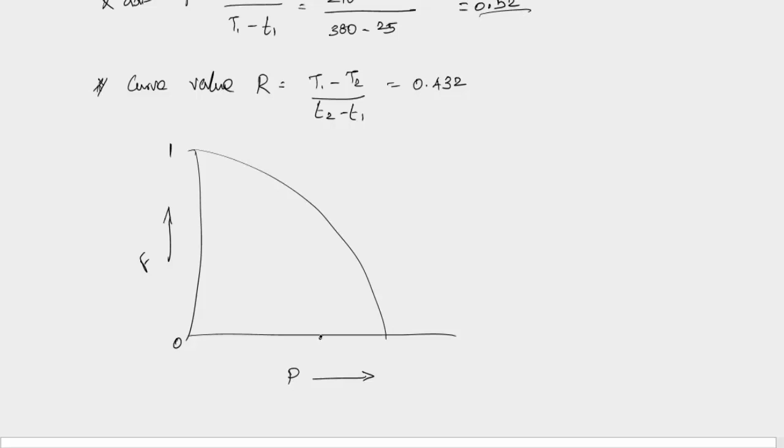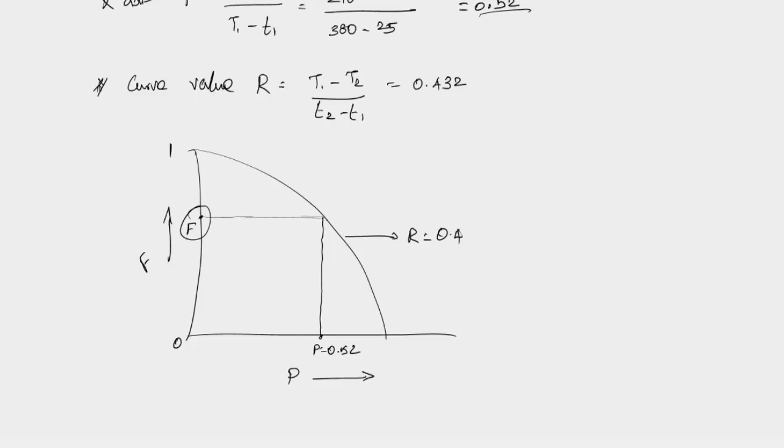So maybe here it is P equal to 0.52, and this curve is known as R equal to 0.4. From this 0.52 just draw a vertical line like this, and where it intersects just mark the point, and from that point just draw a horizontal line to find out the value of F. Here the F value is given.